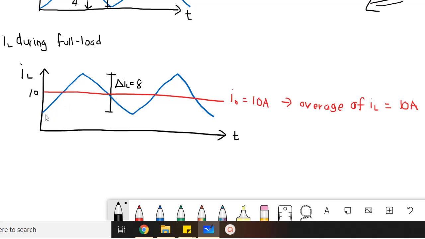So this part will be 10 minus 8 over 2, which is 6 ampere. And for this point, 10 plus 8 over 2, so 14 ampere.